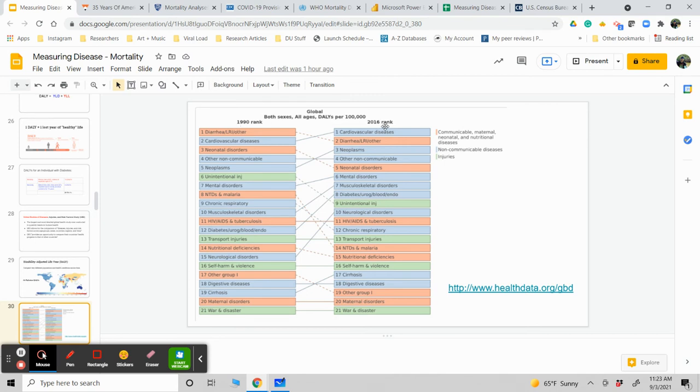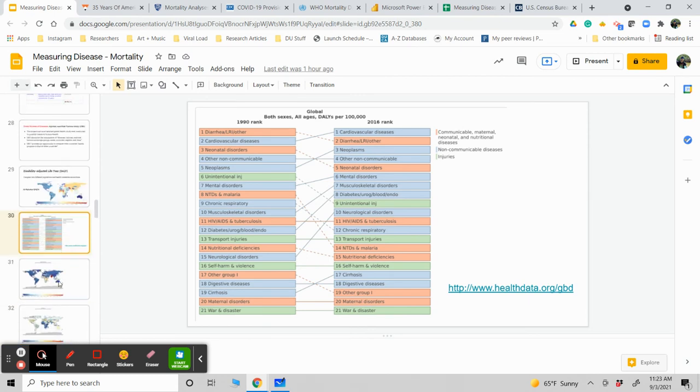Fast forward to 2016, and you can see where changes have occurred. Some of these factors have not really changed. Some have gone up, some have gone down. This gives us a sense of the shifting health of the global community. And you can play around with this data in this link. I would recommend it. It's a really cool website, and they rely quite heavily on this DALY.